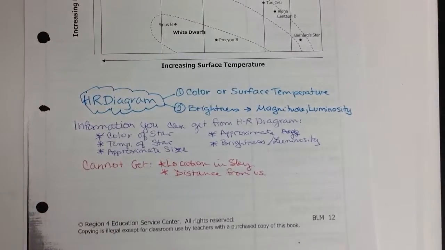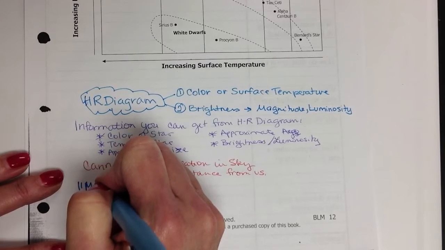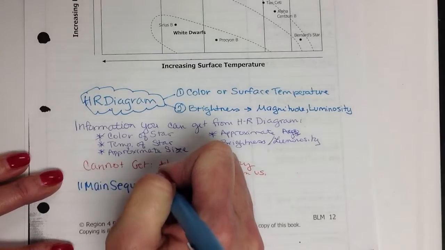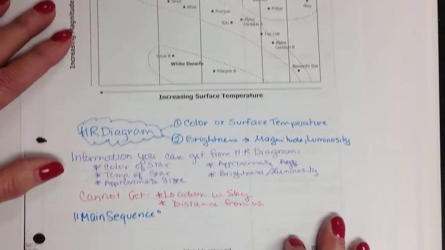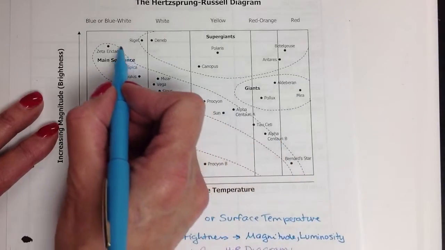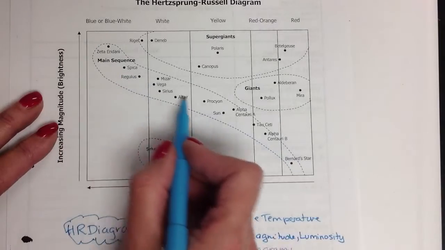Okay, so when we talk about the approximate age, any star that falls along what is known as the main sequence, if you look up here at the diagram, this whole area here is what is known as the main sequence. These are all stars that are living.